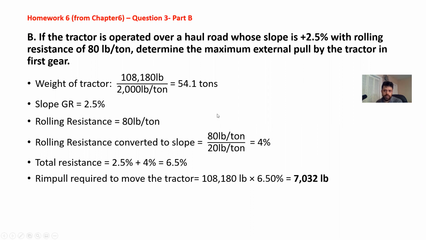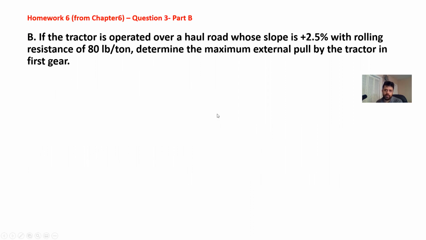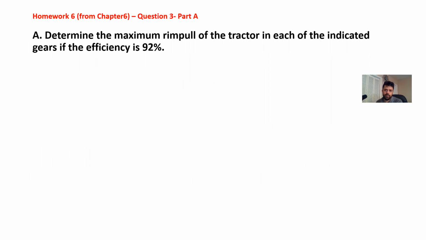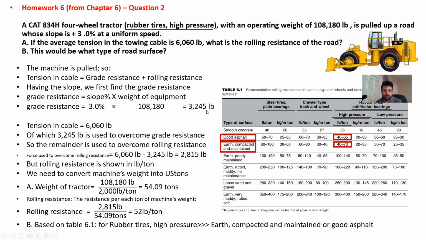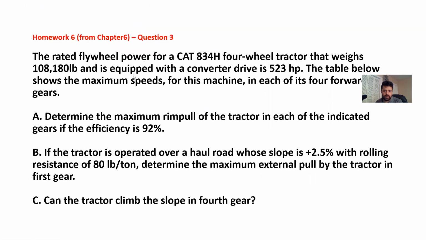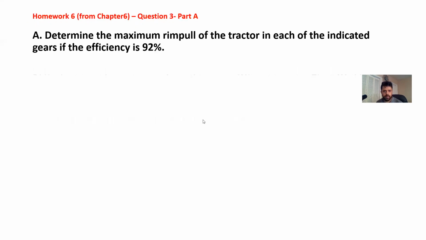That was the weight of the vehicle, and that was given. Let me show it to you. The weight of the vehicle is here, in the second line. So that's where we find the weight of the vehicle. I keep saying vehicle, it's equipment.